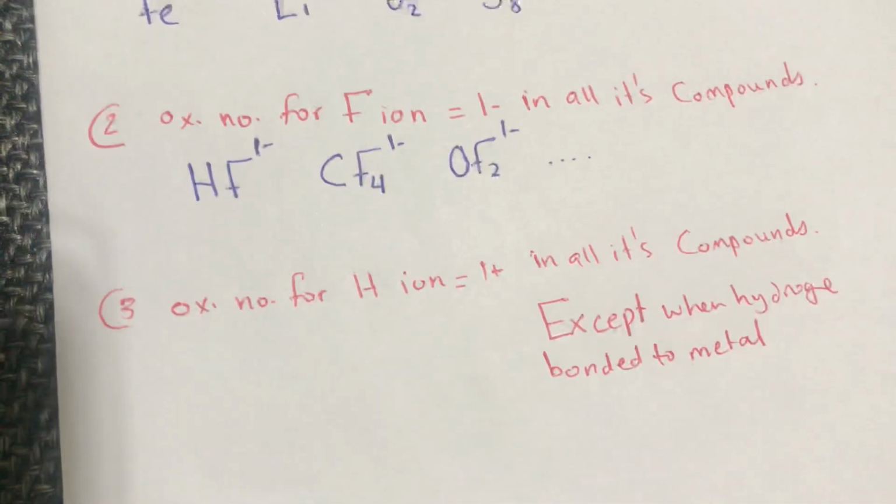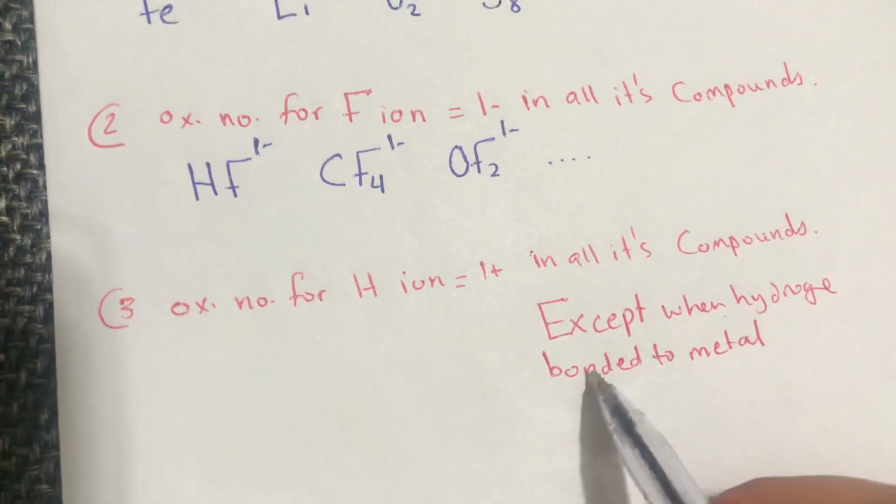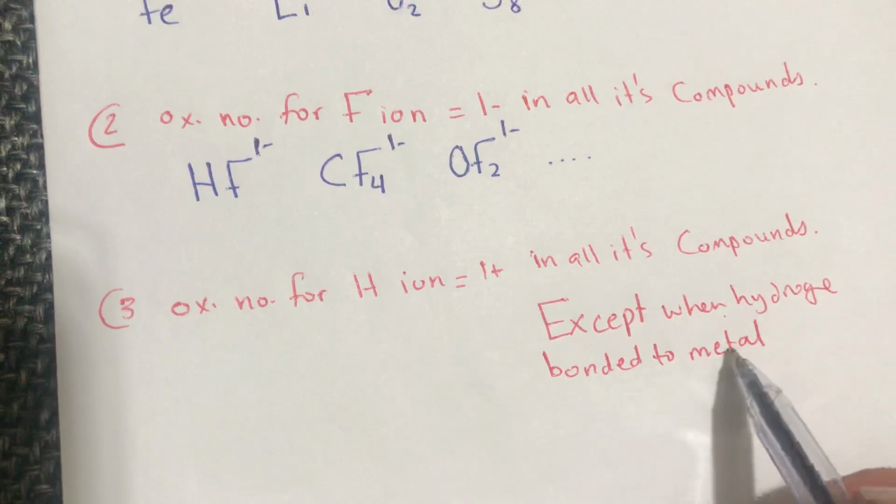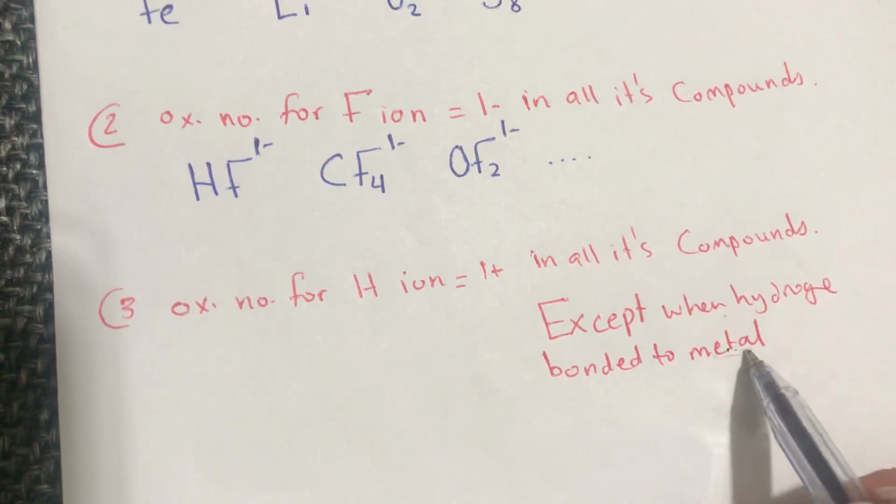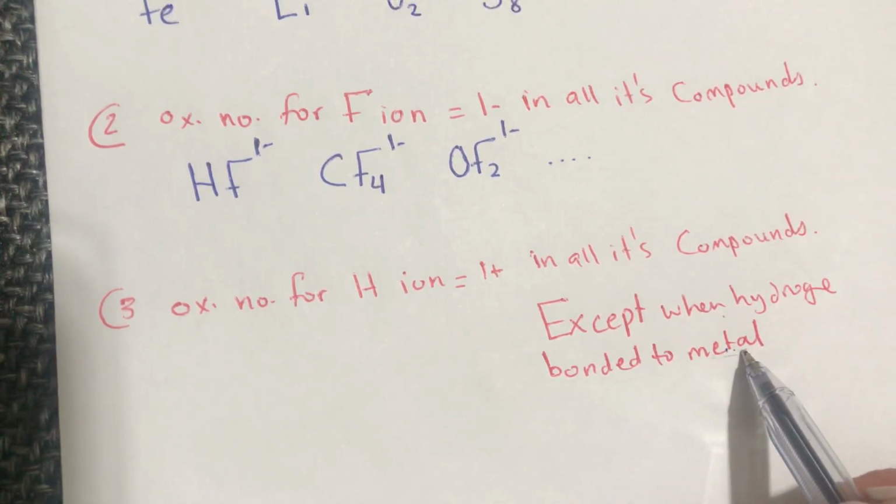When hydrogen is bonded to metal, the metal has priority to carry the positive charge, so hydrogen carries the negative charge.